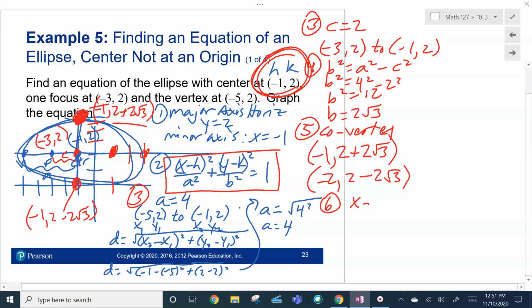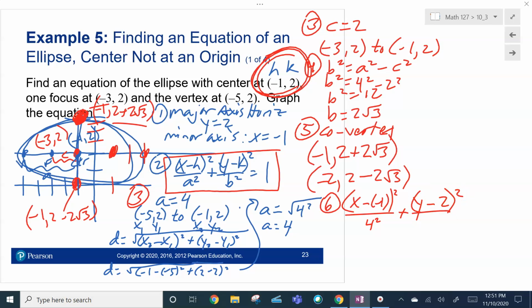So x minus -1 squared over a squared, remember a is 4, so 4 squared, plus y minus our k is 2 over b squared. Now our b is 2 root 3, or square root of 12. This is square root of 12 squared, so that'll end up being 12 on the bottom, equals 1.